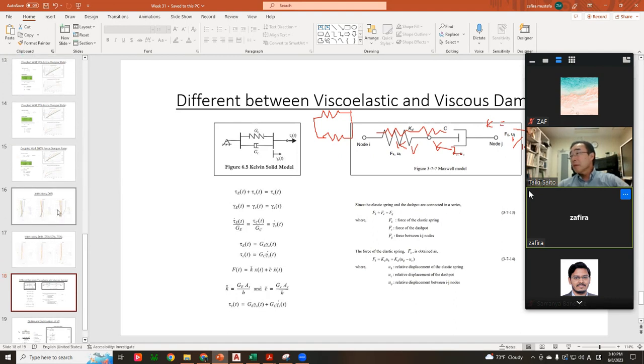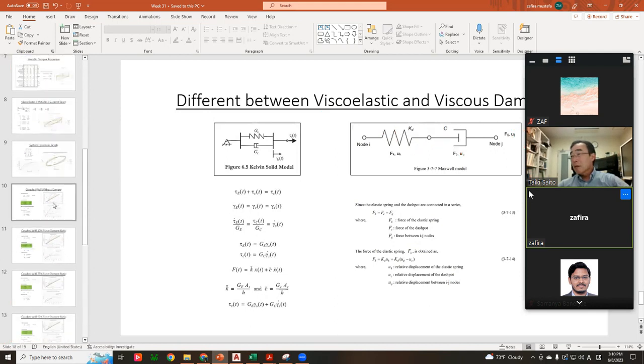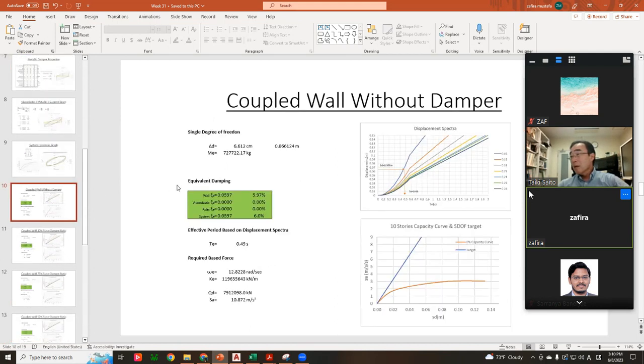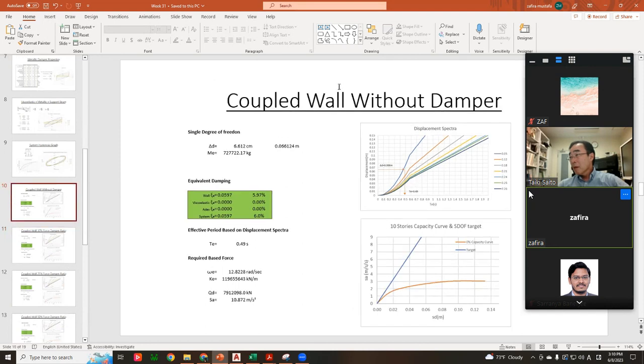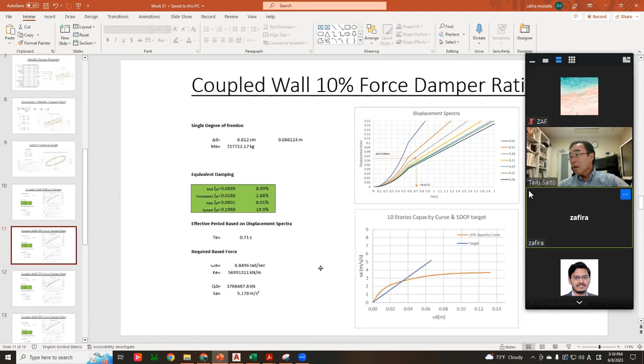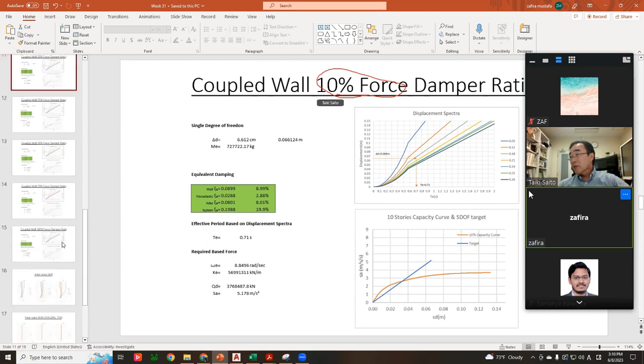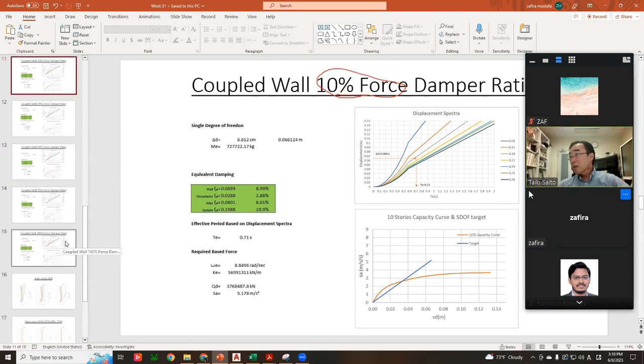And then this one, Sensei, I run in Stera 3D with the displacement design method. So what do you do without damper? This one means 0% of damper, but this one starts from 10% to 100%. But what do you mean 10%? Are you talking about viscoelastic or metallic? Both of them, Sensei. Both 10%.